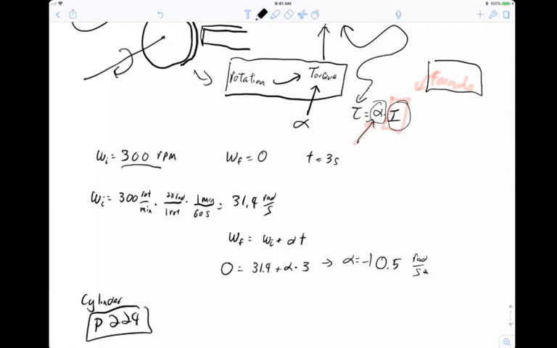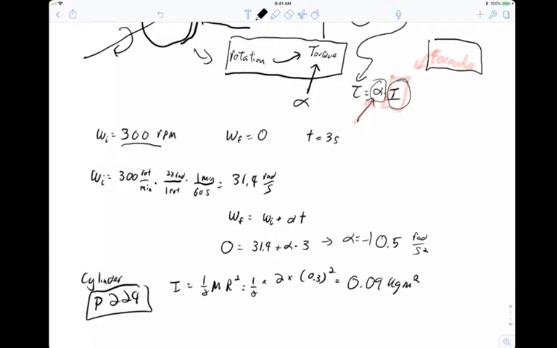So it says the cylinder's formula is 1/2 mr squared. So in this case, the mass is 2 kilograms and the radius is 30 centimeters. 0.09 kilogram meters squared.